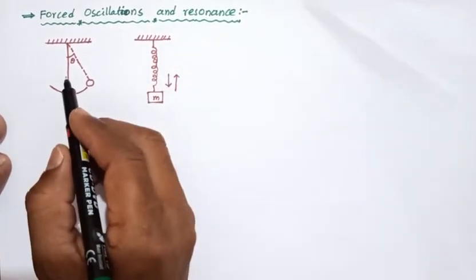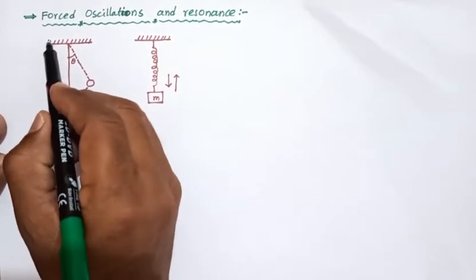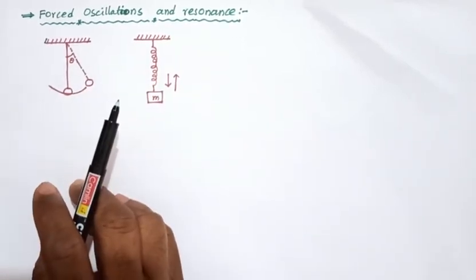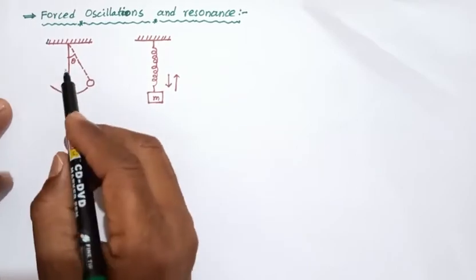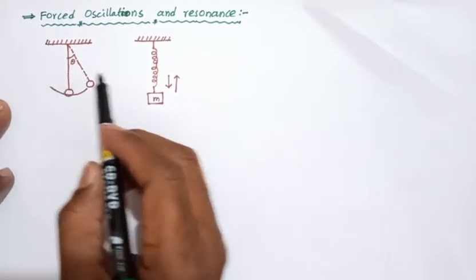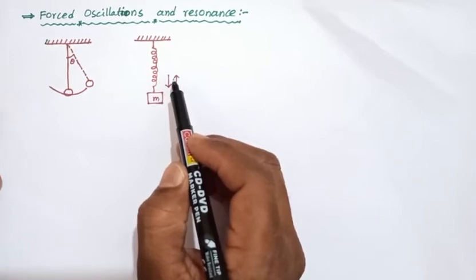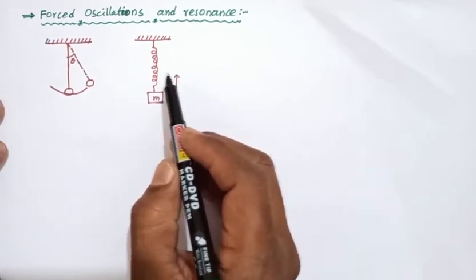Before that, we already learned about the simple pendulum. The simple pendulum executes simple harmonic motion. The spring system also executes simple harmonic motion.